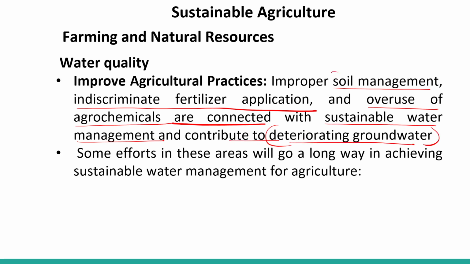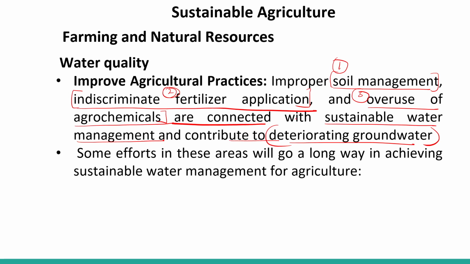If we are not properly following soil management, number one, if we are using chemical fertilizer not in a proper way, and overusing agrochemicals, then we are not following sustainable water management.